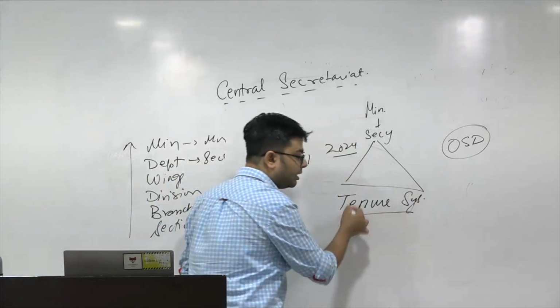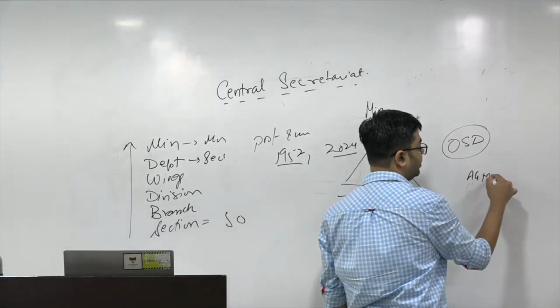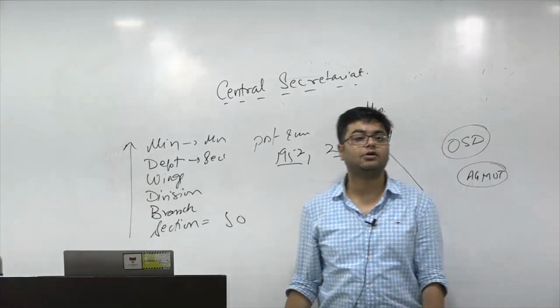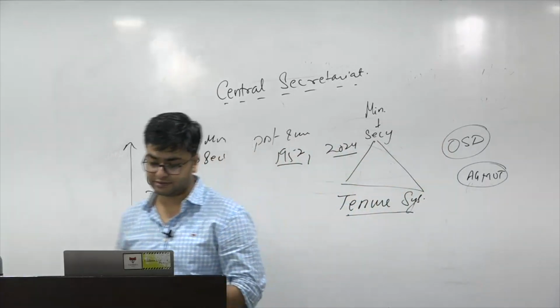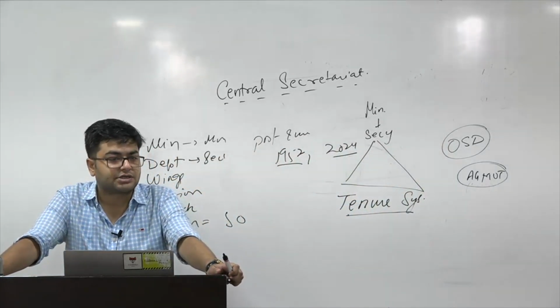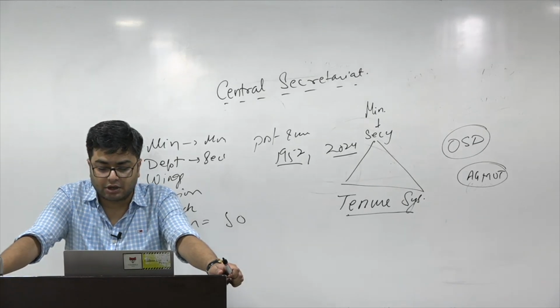So for example, if you are in the AGMUT cadre, there are mandatory services that you will have to perform in the Northeast and Island territories. So it was Lord Curzon who introduced this tenural system.